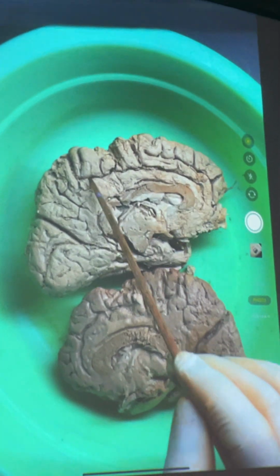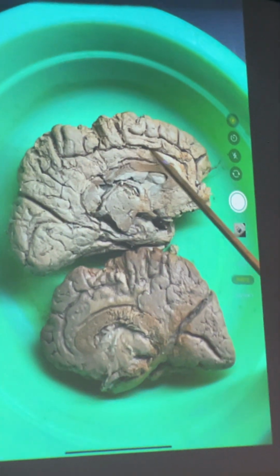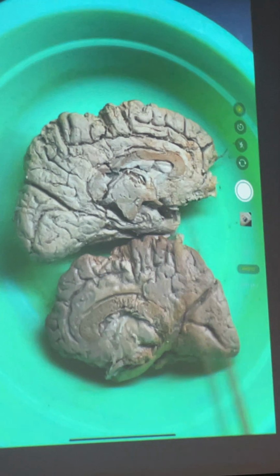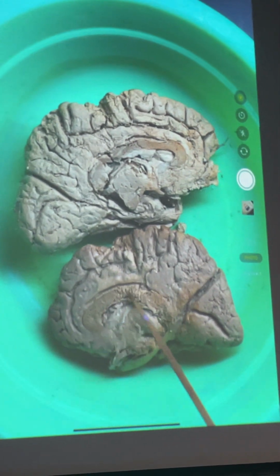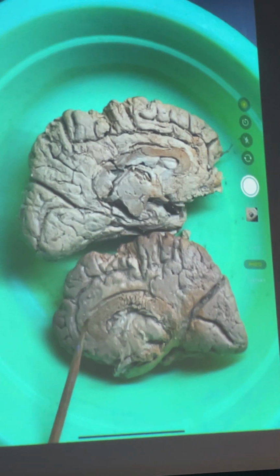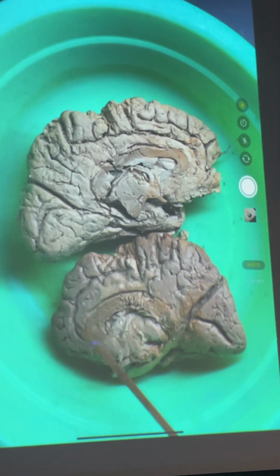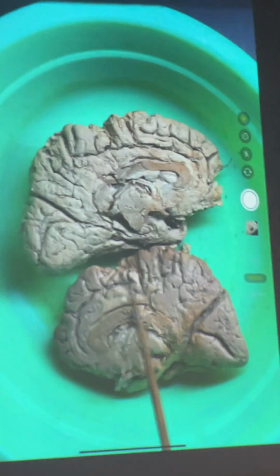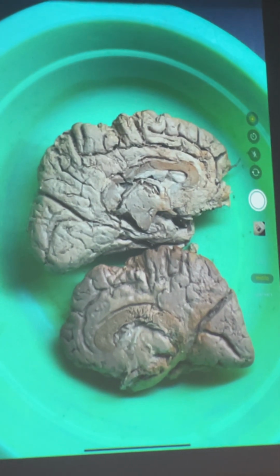And just above the cingulate gyrus is the cingulate sulcus. Do you see it?